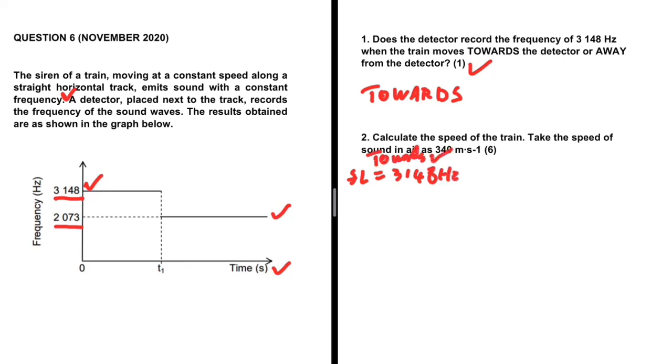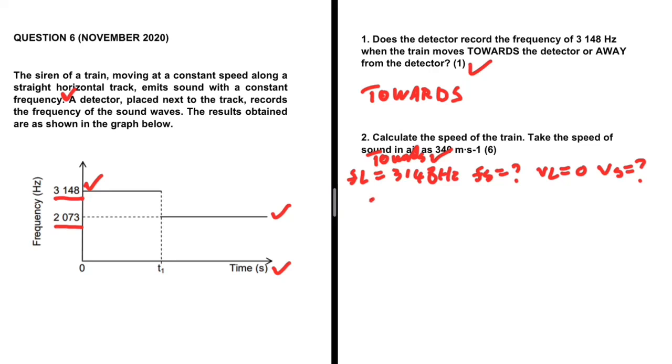And then the frequency which is emitted, FS, is not given to us, so we don't have that. And then our observer is stationary, the detector. So we have VL being equals to 0. We're interested in VS, the speed of the sound source, the speed of the train. And then the speed of sound in air is given to us as 340 meters per second.